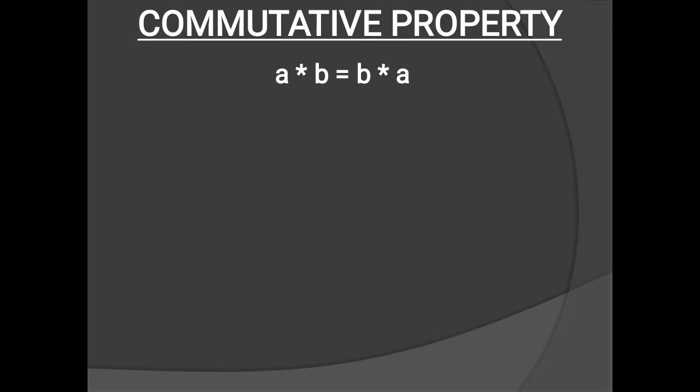Use the rule to solve for A operation B. Now interchange the positions, so B comes first and A follows. Use the same rule to find B operation A. If you get the same answer for the 2, it means the operation is commutative. If you get different answers, then the operation is not commutative.